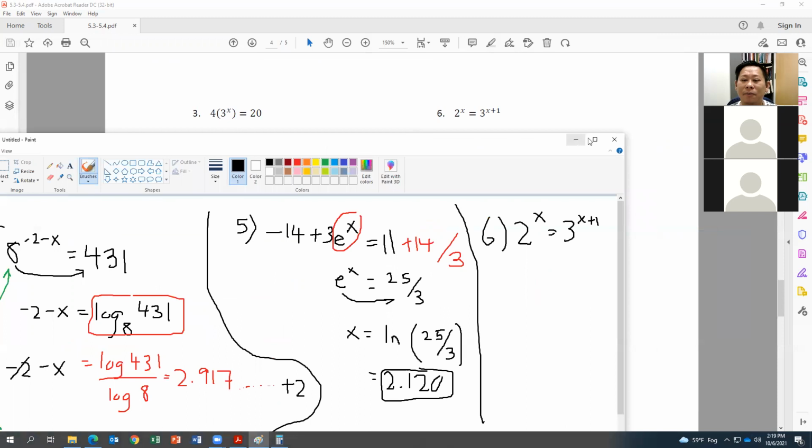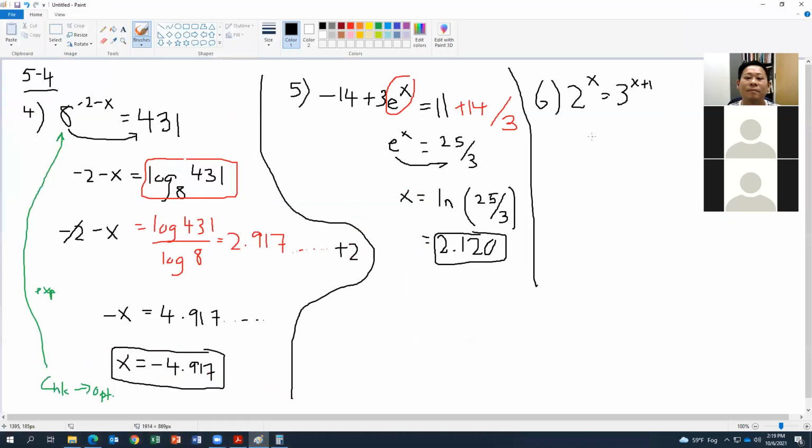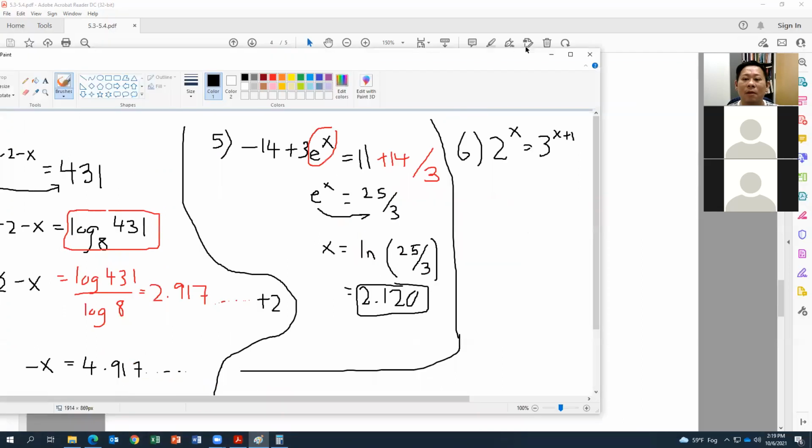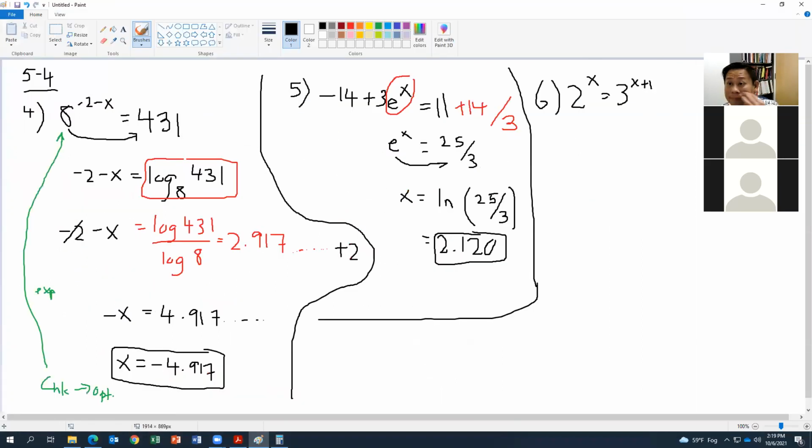Anyone know what we need to do first on number 6? So pay attention here, class, and then I will give you another one, so you guys have to do it on your own. So 6 is different from 4 and 5.